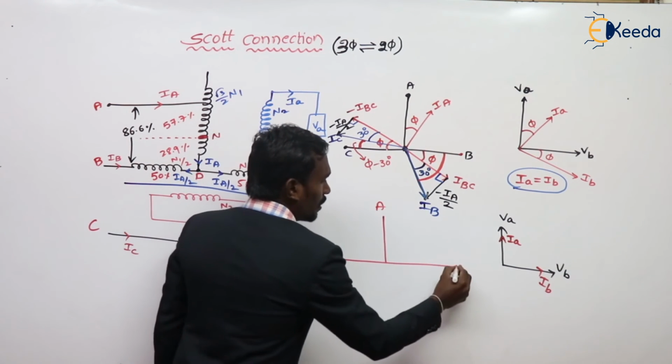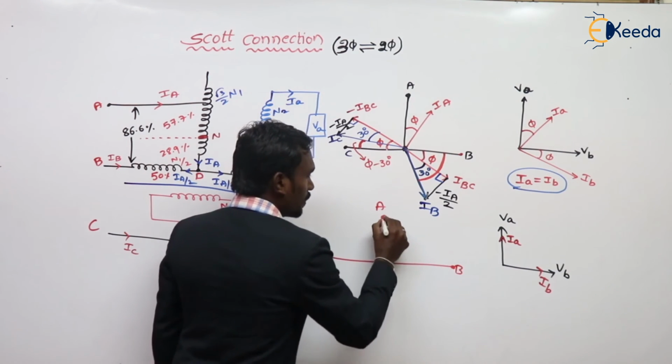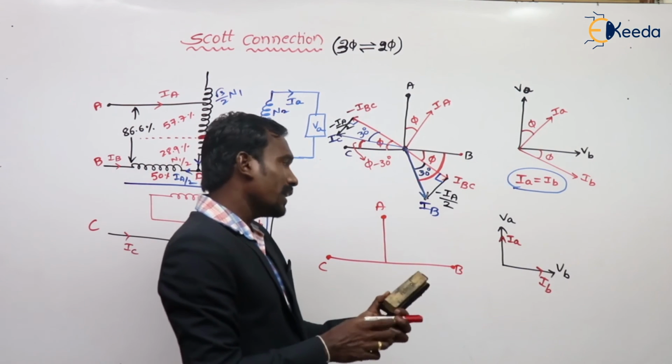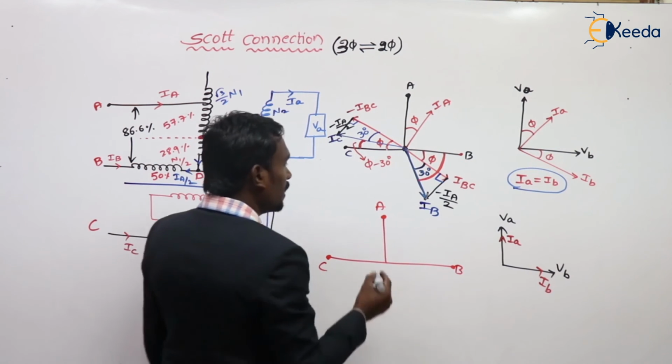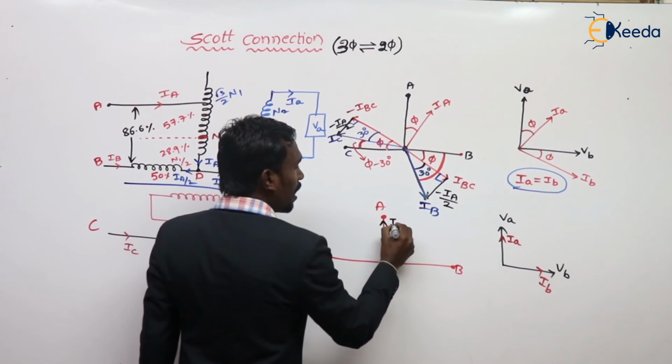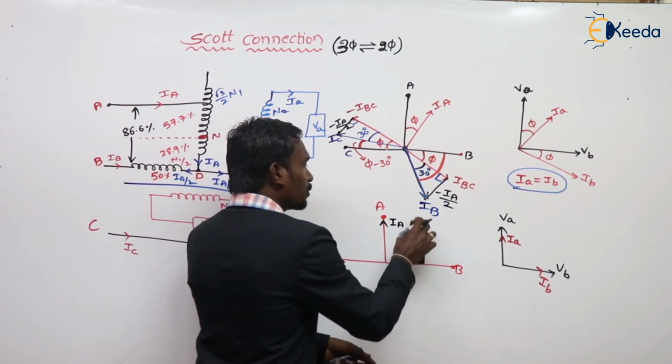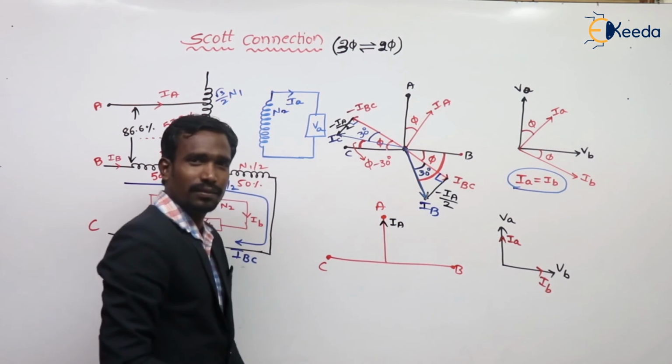This is A and this is B and this is C. If the load is operating at unity power factor, then the teaser transformer is also operating at unity power factor.